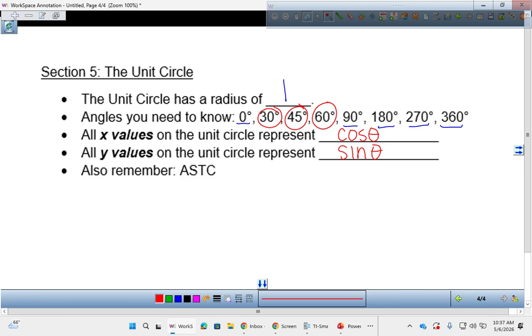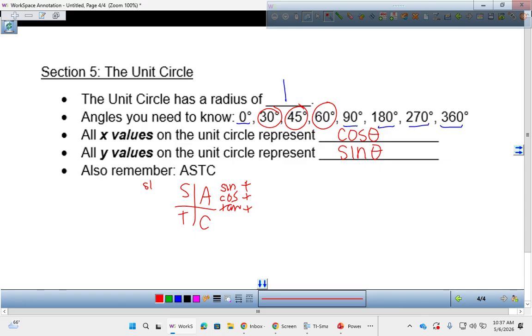We're also gonna use, again, all students take Calc. And we're gonna think about what each of those letters mean. This means that sine, cosine, and tan are all positive in quadrant 1.